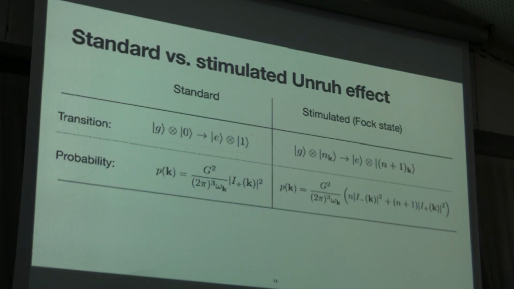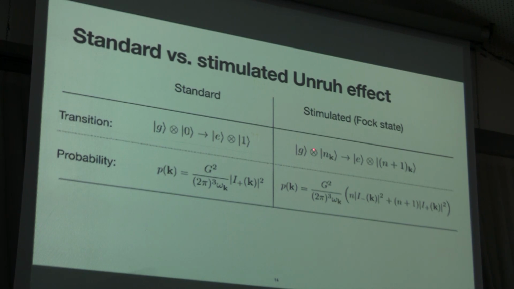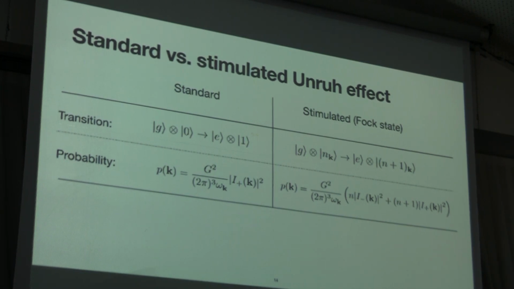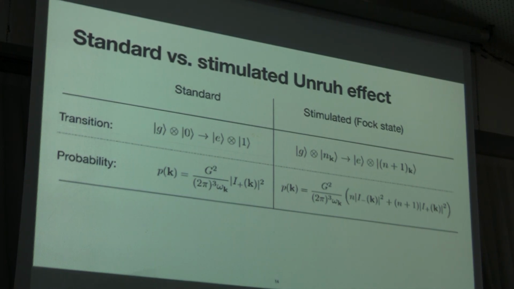Just a quick comparison. Whereas we started in the ground state of the detector and the field for the standard Unruh effect, here in the stimulated effect, we start out in an excited state of the field, which then affects the probability for the Unruh effect to happen.